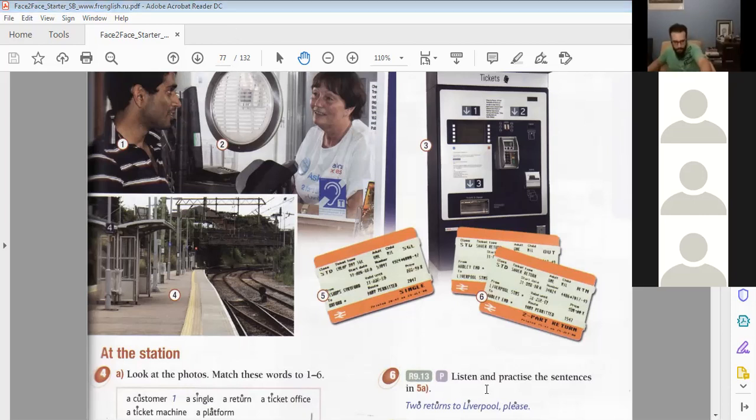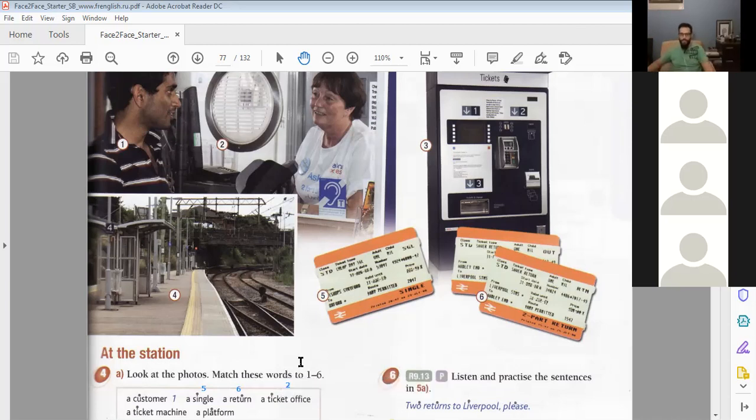What about return? What's return? Which one is return? 6. Okay, correct. Number 6. That's correct. Number 6 is a return. What about ticket office? Where's the ticket office? 2. Correct.